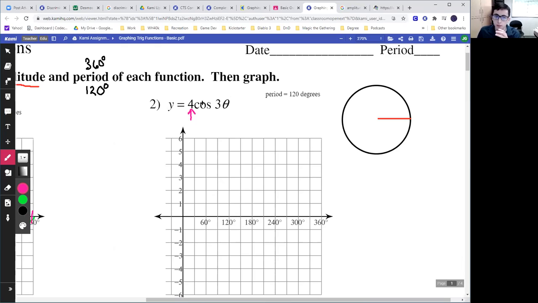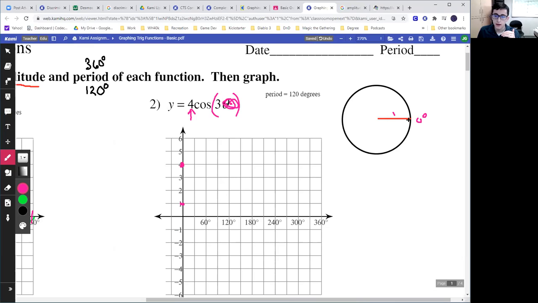However, because of this 4 that's here, let's say we put in a 0. So this will read as cosine of 0, which we see here is 1. But this 4 now is going to multiply it and stretch it out. It's going to make it bigger. So instead of being 1, it'll be up here at 4.